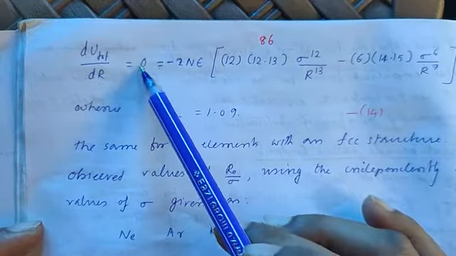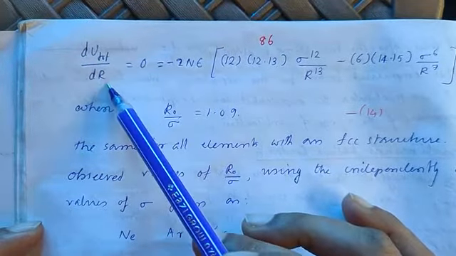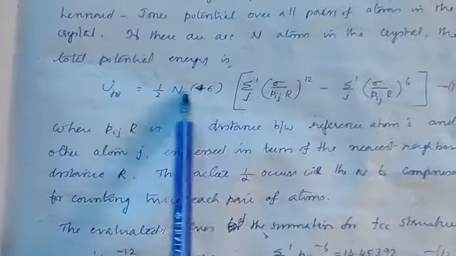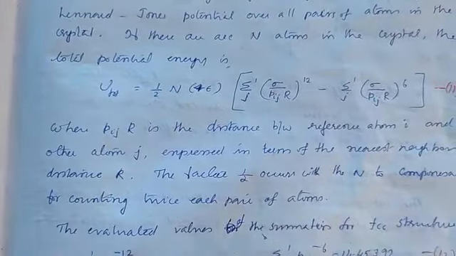What we are doing is equating dU by dR to 0, differentiating this expression with respect to R.